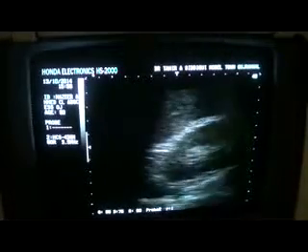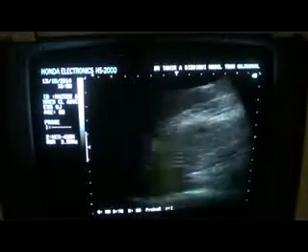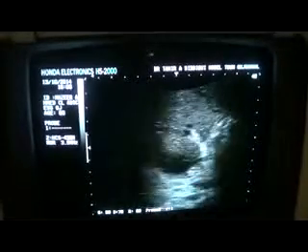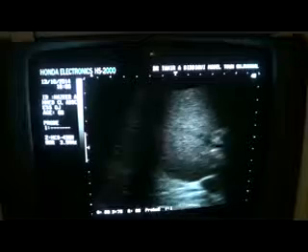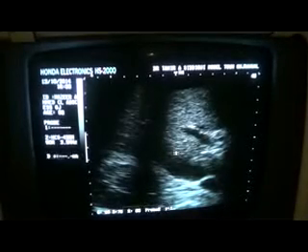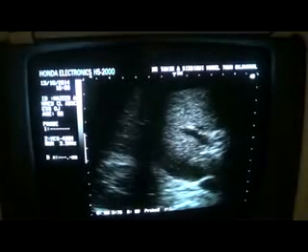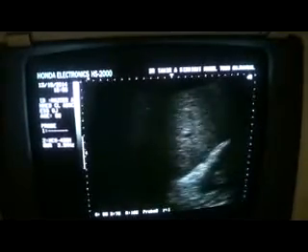Kidney is normal. Kidney shows no pathology. So this is fluid in the Morrison's pouch. I'm showing you a magnified view now.